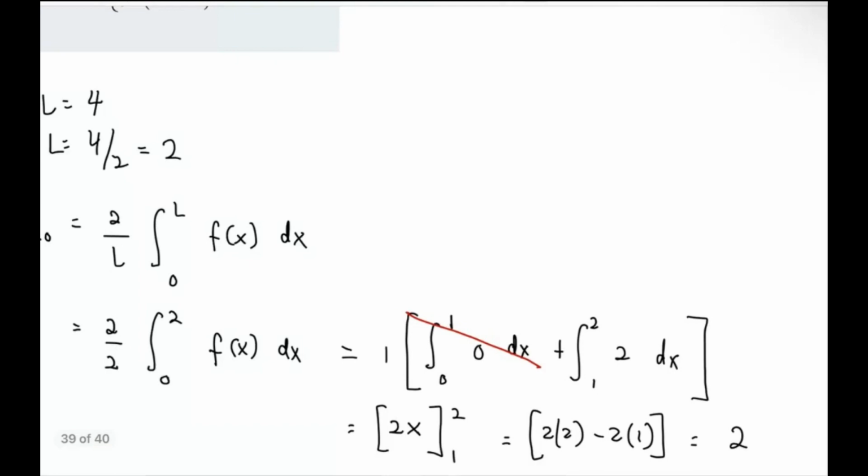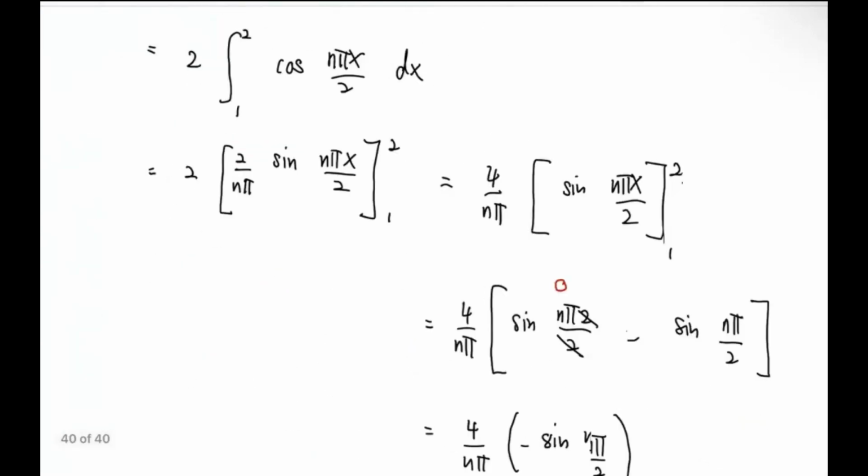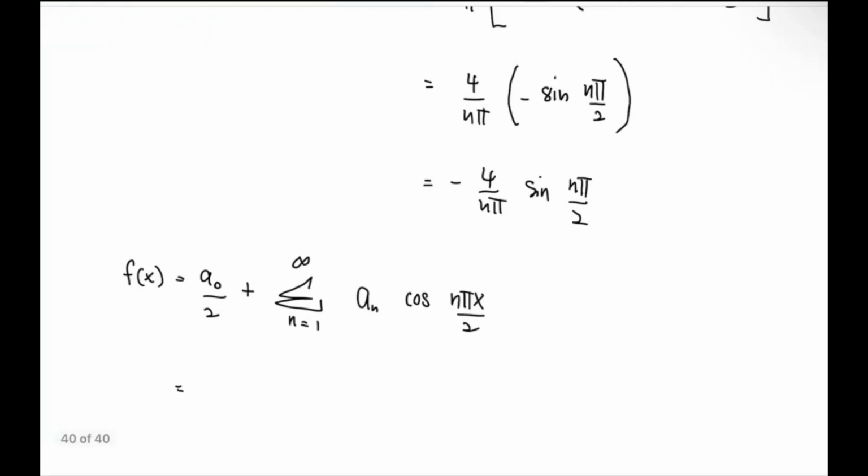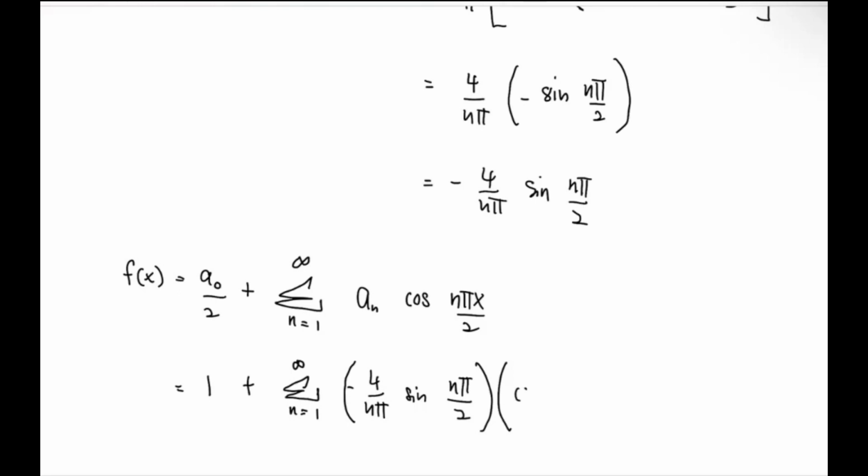So we will have 2 over 2 equal to 1 plus, from n equal to 1 to infinity, an negative 4 over n pi sine n pi over 2. This is an, so I can put in the bracket. And then lastly, we have cos n pi x over 2.